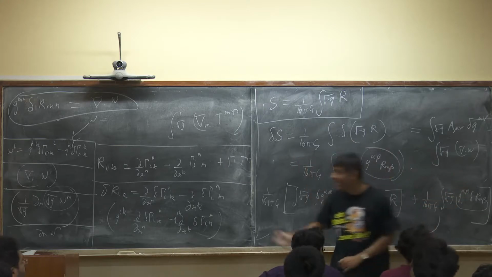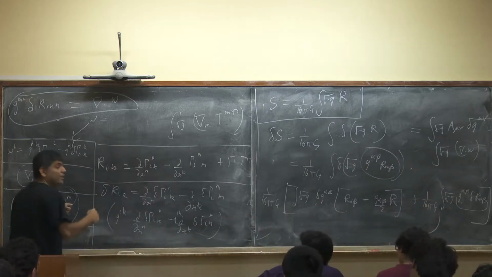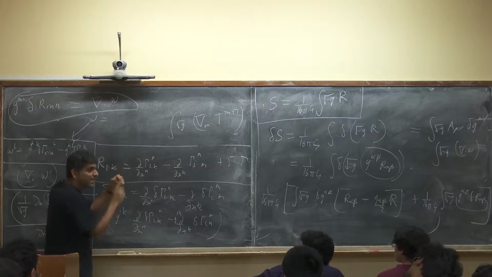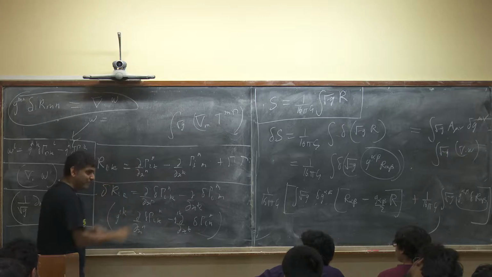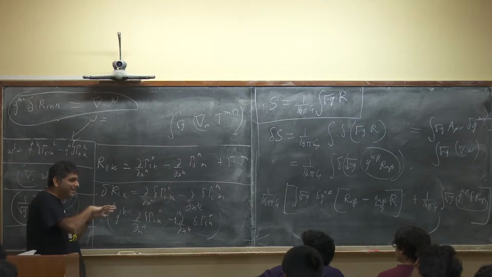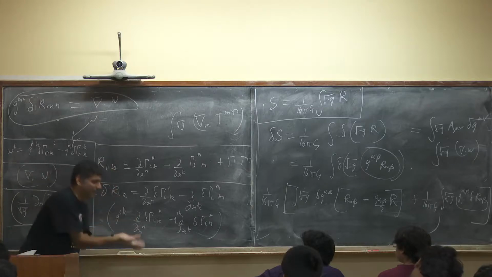If you change that to a normal vector which is really unit normalized, there would be an extra factor of g in the normal direction. That will change this square root g to the square root of the induced metric on the boundary.